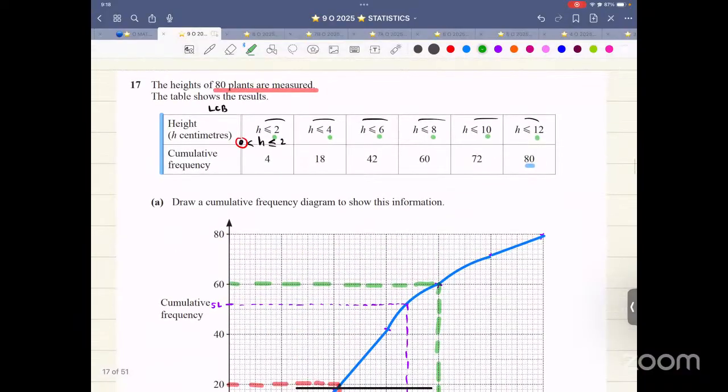It says the heights of 80 plants are measured. The table below shows the result. So h is less than or equal to 2, h is less than or equal to 4, and the cumulative frequency is already given. So now, if cumulative frequency is already given, we can do the plotting.